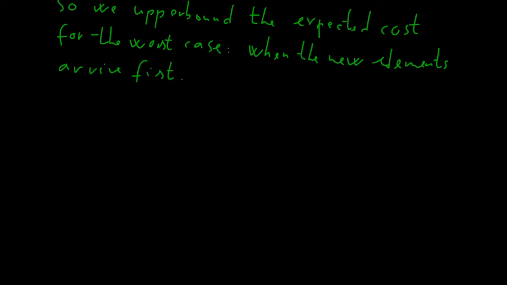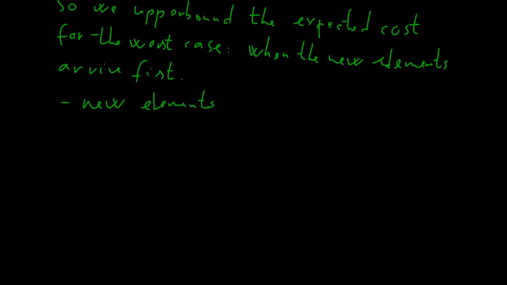Now, what's this? When the new elements arrive first, the new elements always induce cache misses because they are not in the cache, because in a marking algorithm, after the end of the phase, you will have exactly the elements requested in that phase. So for the new elements, you will always pay.